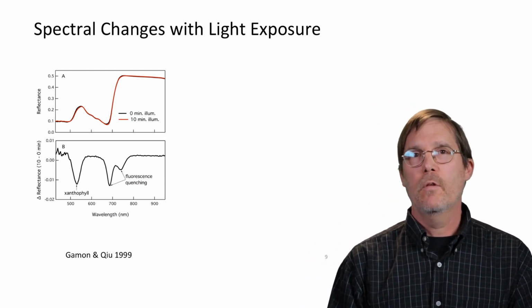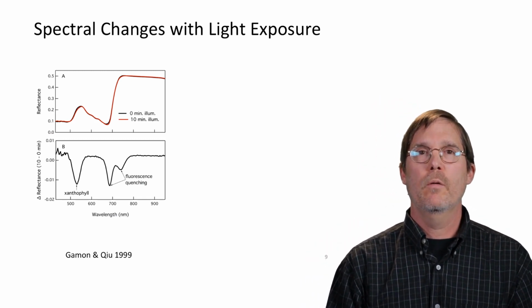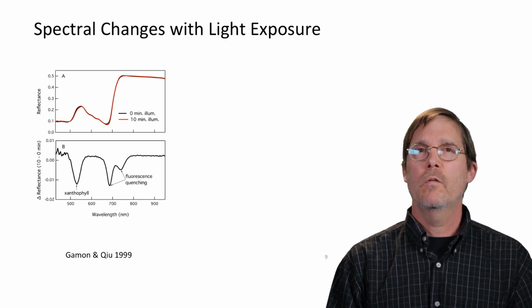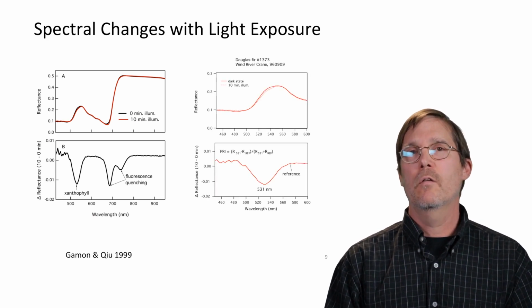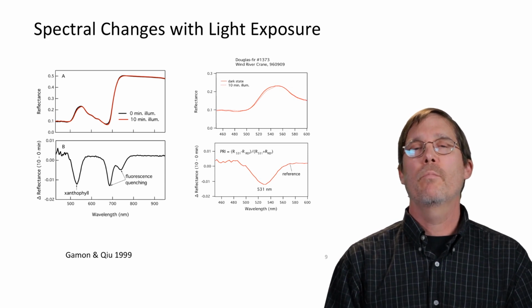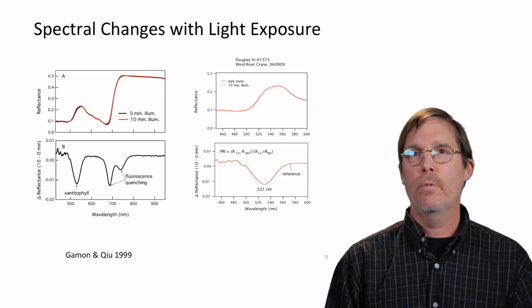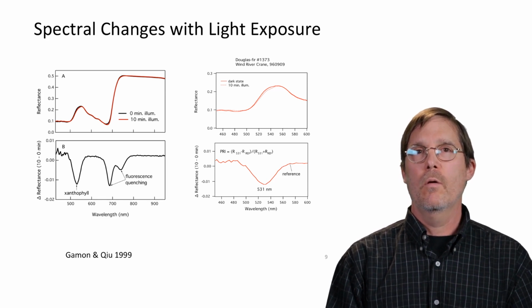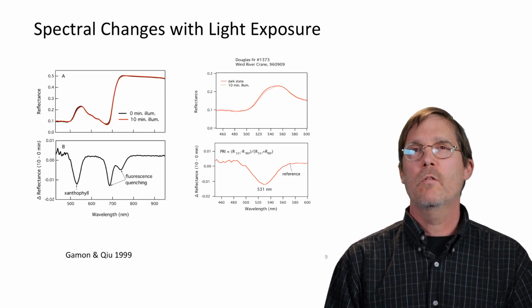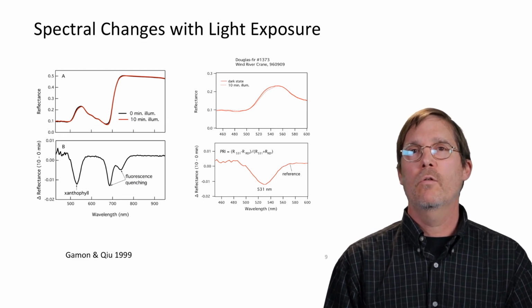And the dip on the left is the change in xanthophyll cycle pigments showing up at 531 nanometers. Now, it's really hard to see that change in the original spectra, but if you blow it up, that's a blow up on the right of the green hump in the visible part of the spectrum, and you can see a subtle change in the top panel in the reflectance around 531 nanometers.